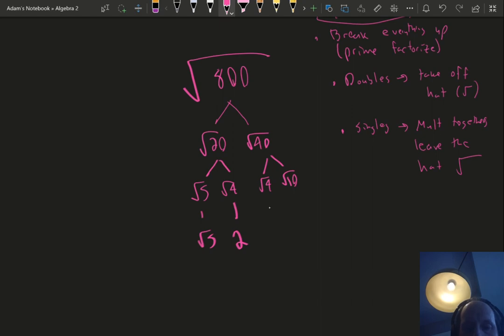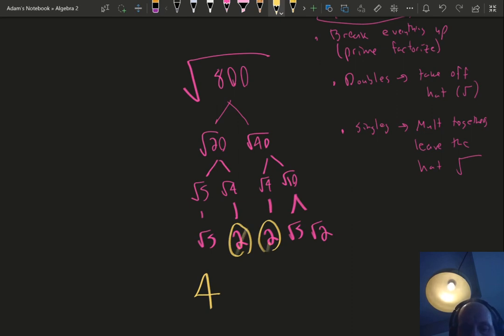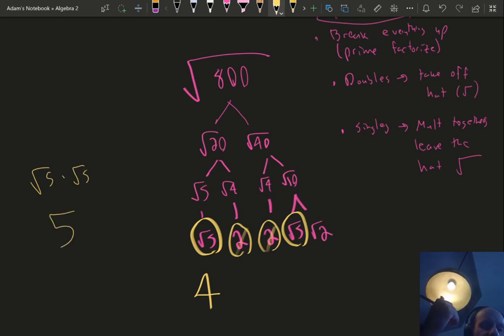Root 5, there's nothing more you can do. Root 4 is 2. Root 4 is 2. And root 10 is going to be root 5 times root 2. So that's where we're at right now. Here we have 2 times 2, which is 4. If it helps, lightly cross them out. We have root 5 times root 5, and remember, a square root times itself, so root 5 times root 5 is just 5.